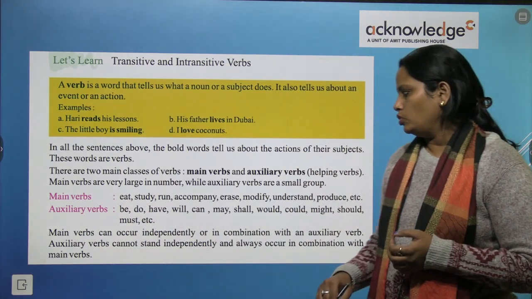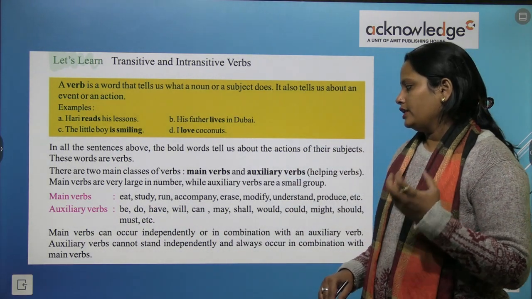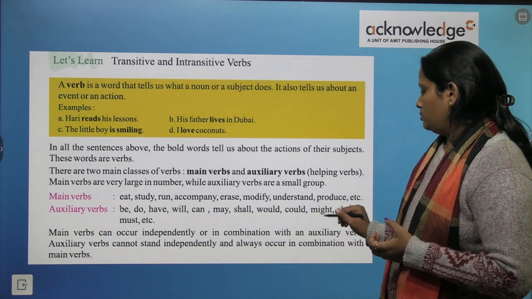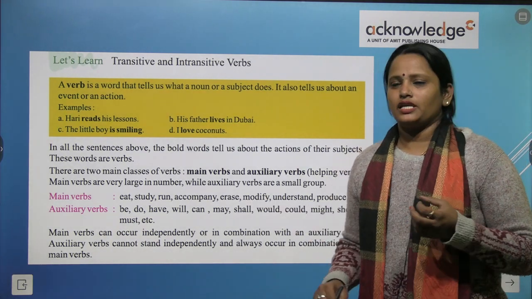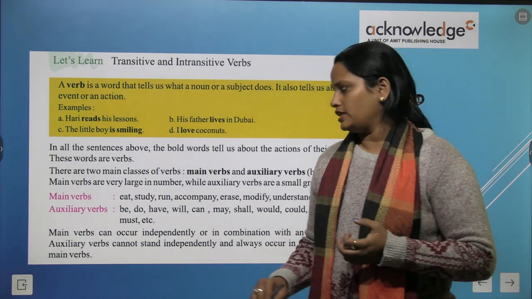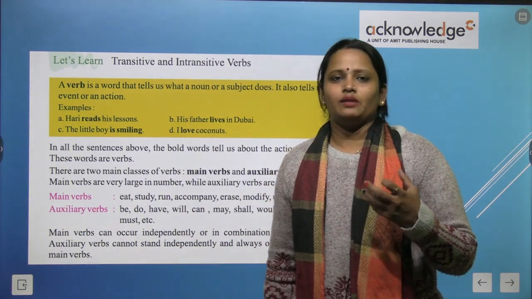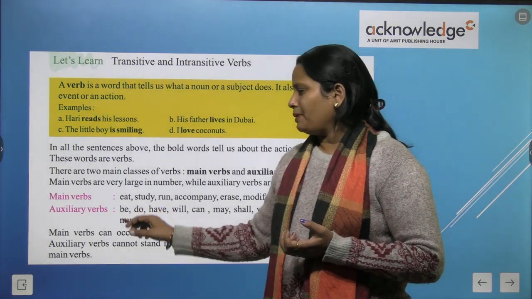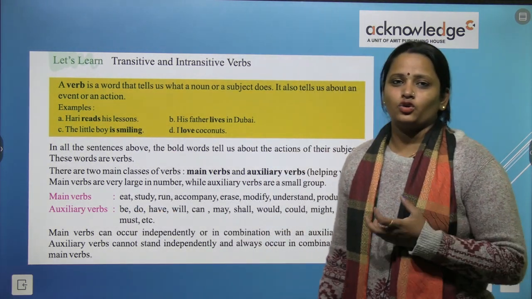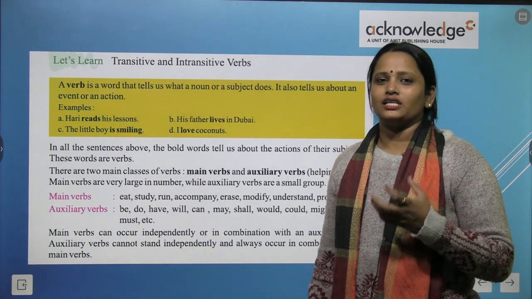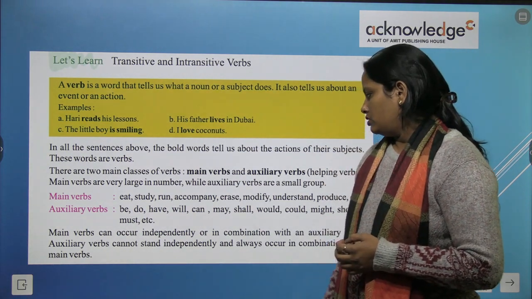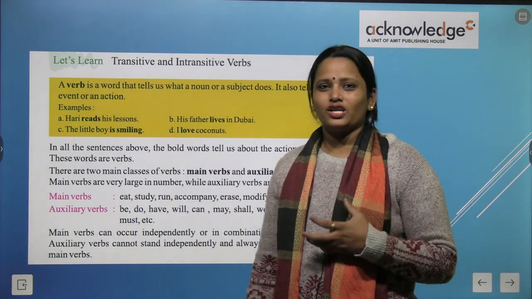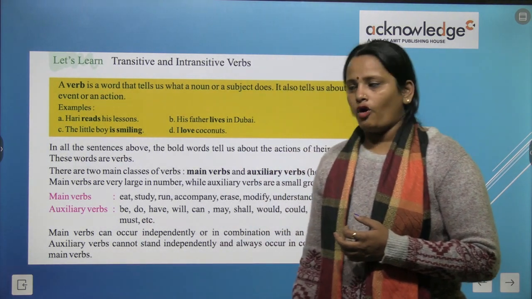Be, do, have, will, can, may, shall, would, could, might, should, must, etc. So these are the auxiliary verbs, the helping verbs जिनके बारे में हमने बचपन से पढ़ा है. यहाँ पे be का मतलब है is, am, are. We are talking about the present form that is, am, are. Was, were, has, have, had. ये सारे हमारे be forms हैं.